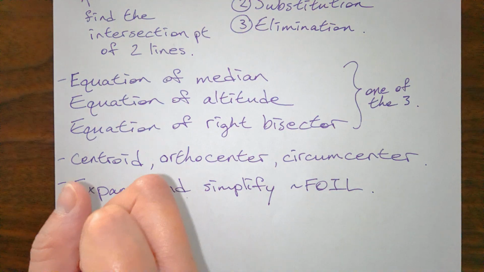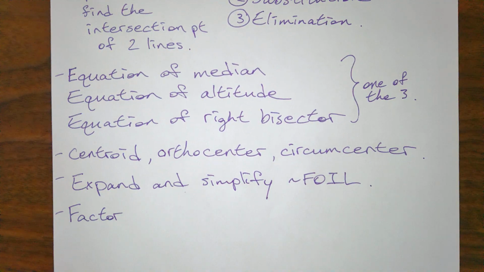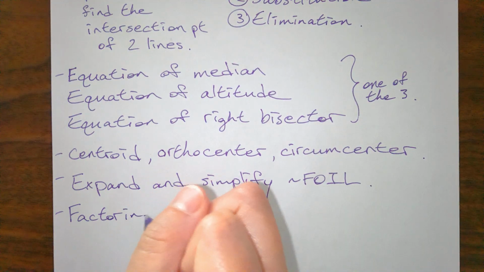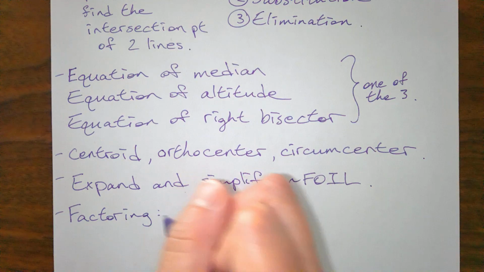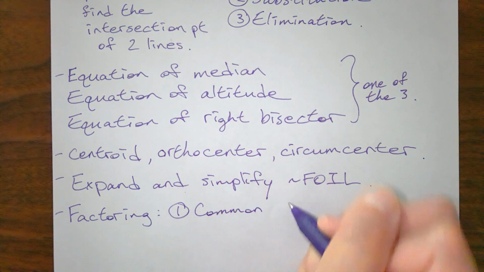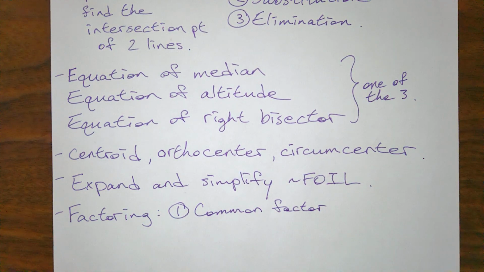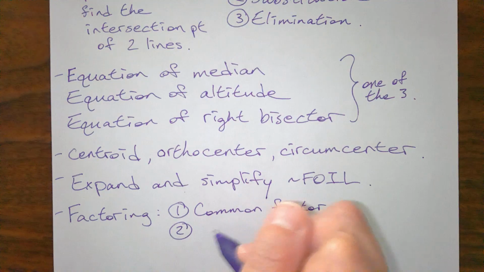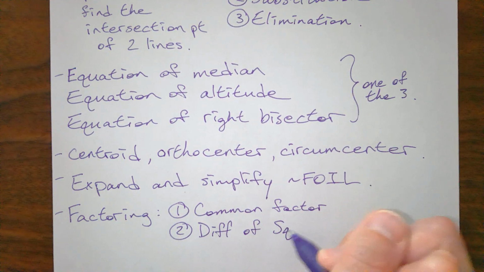And then factoring. There's so many different factoring methods. Alright, Gavin, tell me one of them. Sure. Common factor. Good. You always check for common factors first. Common factor means something that you can divide everything out. Square when you have 2 terms.